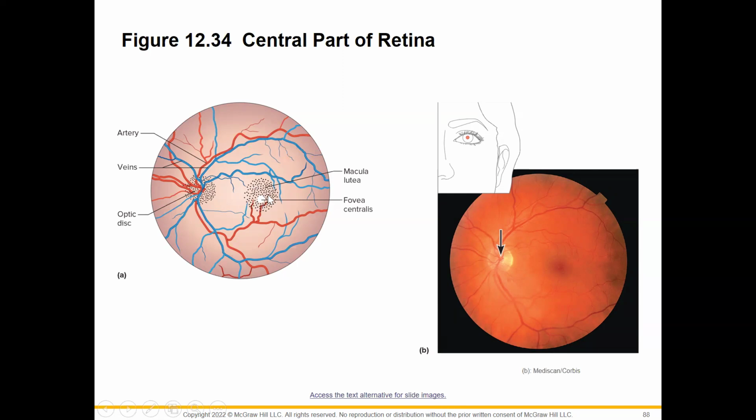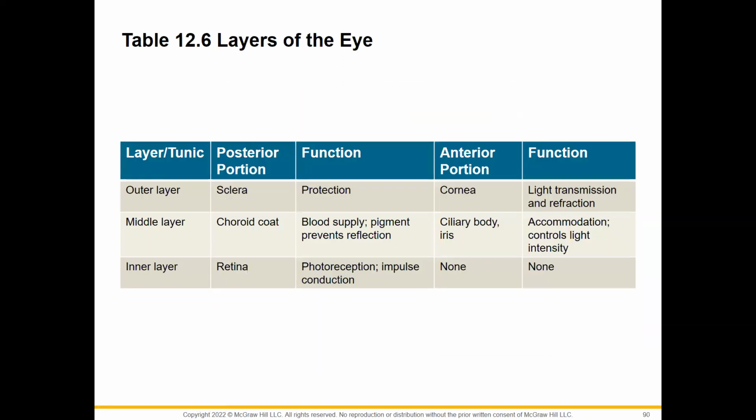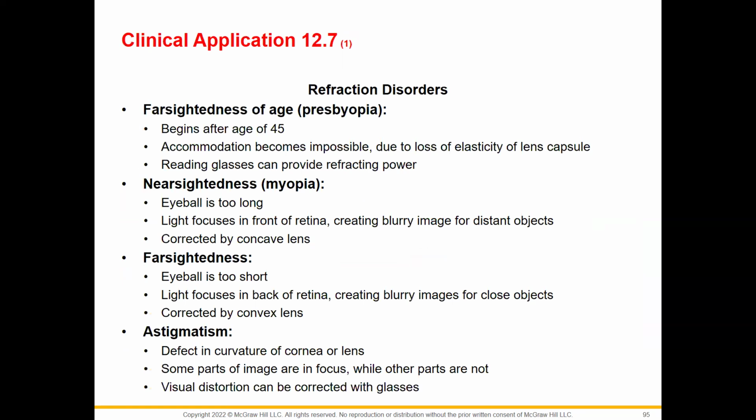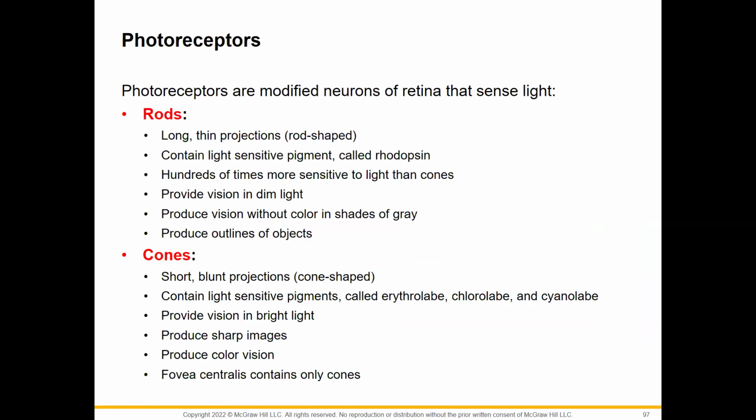And in the fovea centralis, you can see best there with the sharpest image because it's only cones, only those receptors that are receiving information from light, bright light, and color. Fovea centralis contains only cones.